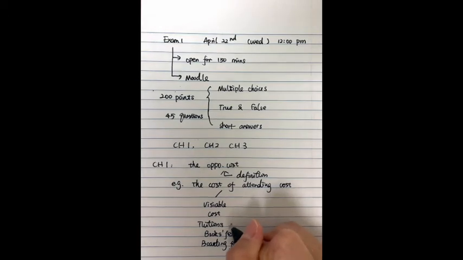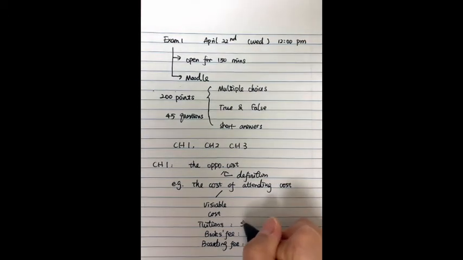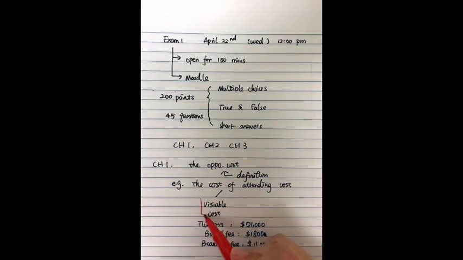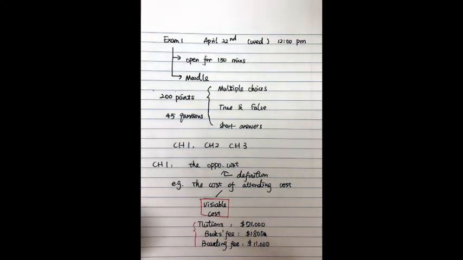I remember in our quizzes, the tuition equaled $21,000, the book fees probably $1,800, and the boarding fee $11,000. So these parts belong to our visible cost, including those 3 parts.